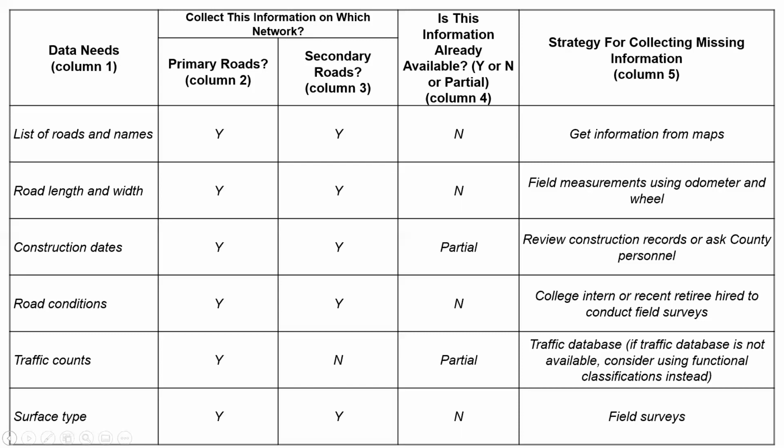And then in column 5, you're going to write down, how are we going to get this? How are we going to gather this information? And this is the beginning of data collection, gathering the inventory of what you own, figuring out where it's located, and what condition it's in. That helps answer question 1.